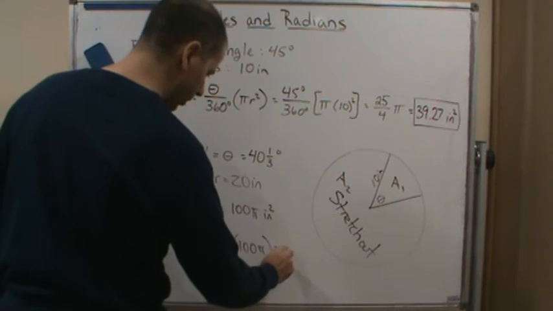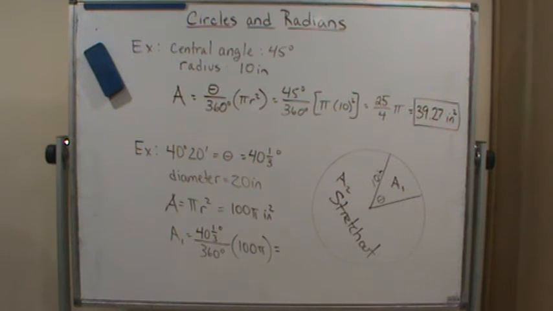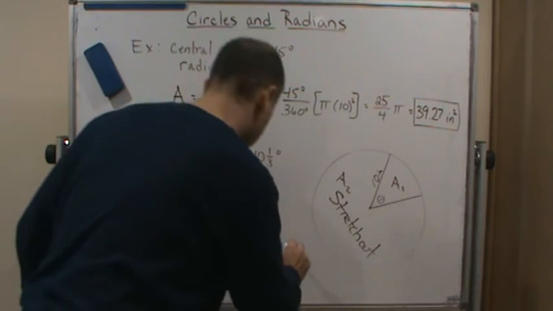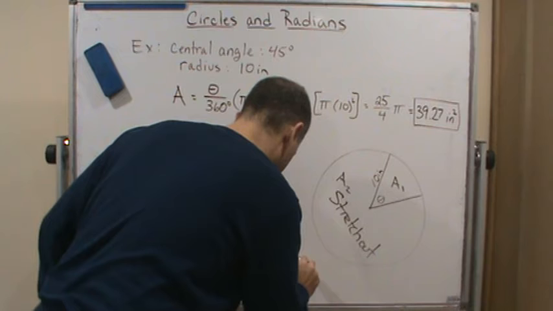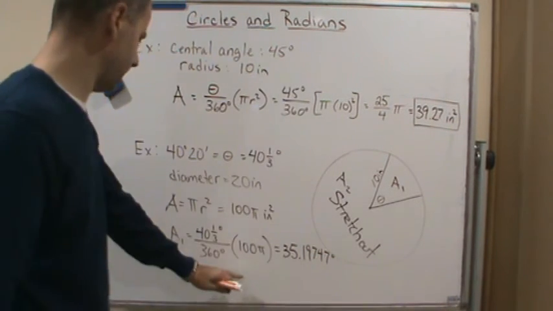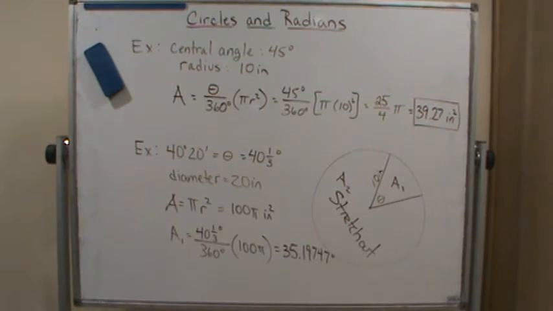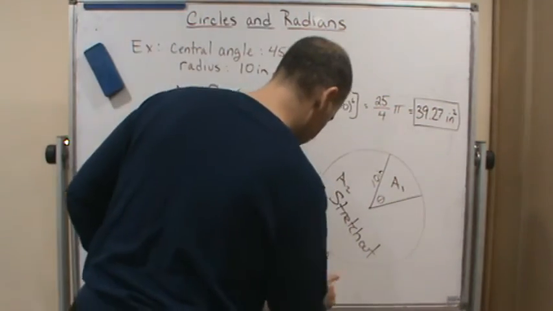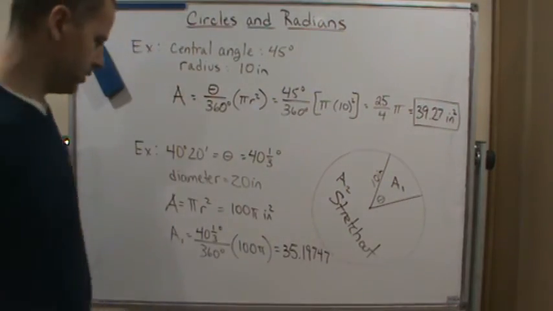Now we put that in our calculator and plug and chug, and we get approximately 35.19747. That's the approximate area of the sector, in inches squared.